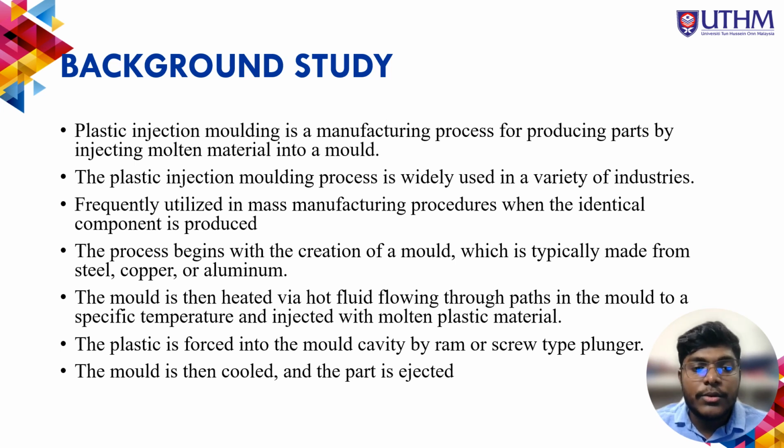It is most frequently utilized in mass manufacturing, when the identical component is produced hundreds or even million more times. The process begins with the creation of a mold, which is typically made from steel, copper, or aluminum.